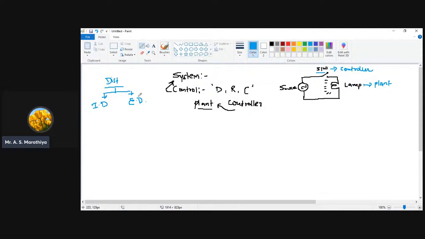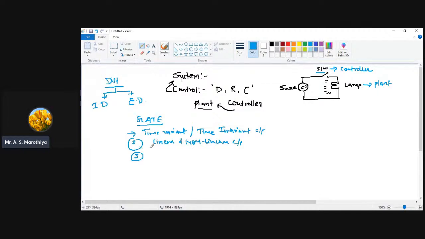For example, as far as the GATE syllabus is concerned, the three most important types of control systems are, first, time variant and time invariant control systems. Second, linear and non-linear control systems.